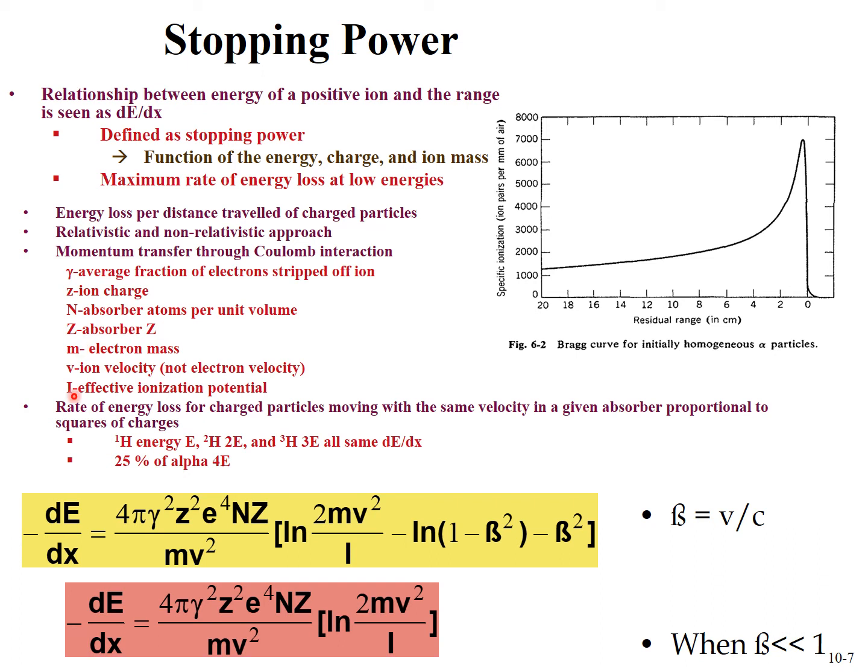Then we also have this effective ionization potential. This term is shown here in the equation. Fundamentally, we can utilize these equations to determine something related to the change in energy with distance in the material. And using this, we can get an idea of how far a particle of a certain energy can travel through material.